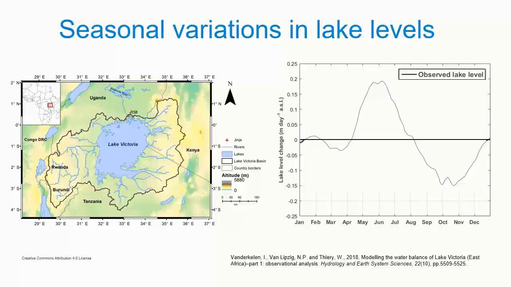The lake and its basin lie in an area of East Africa that experiences 2 rainy seasons per year, one in April and May and the other in November and December. Lake levels change naturally in response to these annual rainy seasons. Lake levels also show longer interannual trends related to longer-term trends in precipitation. Changes in lake levels primarily affect littoral habitats along the lake margin, which are ecologically important.